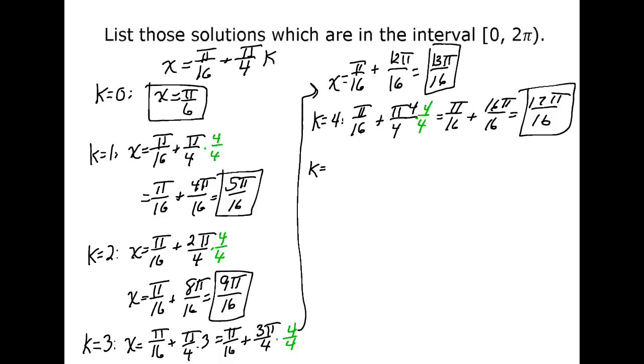How about if k is 5? Pi over 16 plus pi over 4 times 5, multiplied by 4/4. So we have pi over 16 plus 20 pi over 16, so 21 pi over 16.